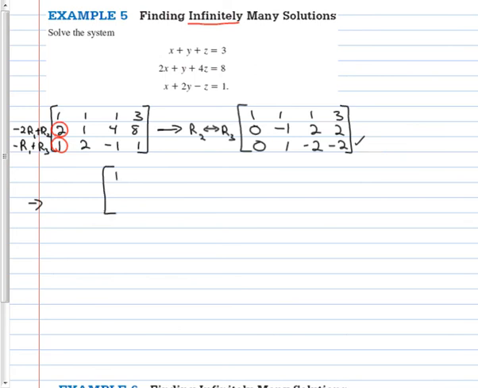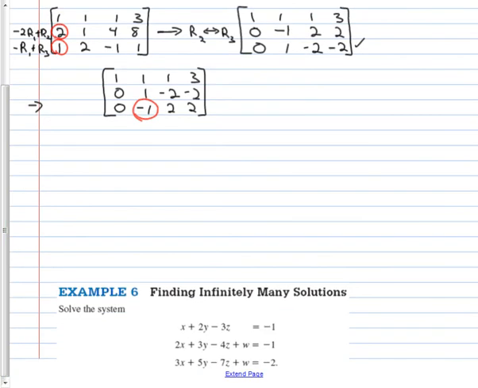First row, all done. 1, 1, 1, 3. And then flip the rows, interchange them. 0, 1, negative 2, negative 2, and then 0, negative 1, 2, 2. So now my first two rows are exactly how I want them. Now I come underneath that one to get this one. How do I do it? Just add them together. Row 2 plus row 3 is all I need to do.